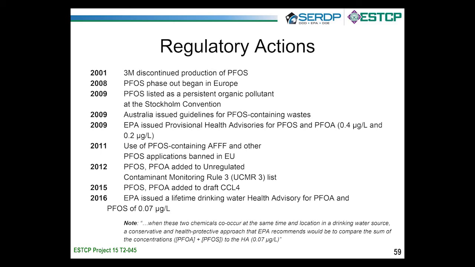There were provisional health advisories issued by EPA in the late 2000s, looking at PFOS and PFOA again. PFOA is basically following along in PFOS's footsteps in terms of being classified on the Stockholm Convention list. And again, it culminated in 2016 with EPA issuing the drinking water health advisories for PFOS and PFOA.